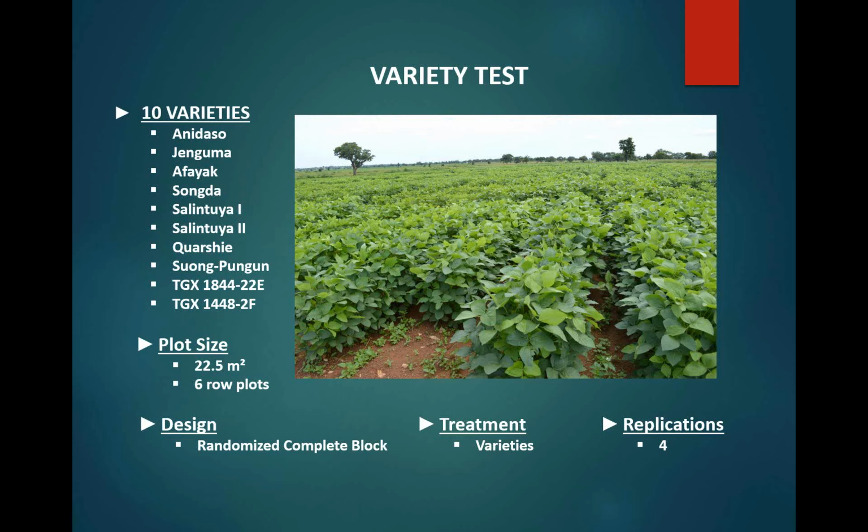But what I'm showing here is from the Nampala station. I haven't had the data yet from Boku and Wa, but these results are from Tamale. We tried 10 varieties, and each plot had a size of 22.5 meters squared with 6 rows in a randomized complete block. My treatments were basically the varieties, replicated 4 times.